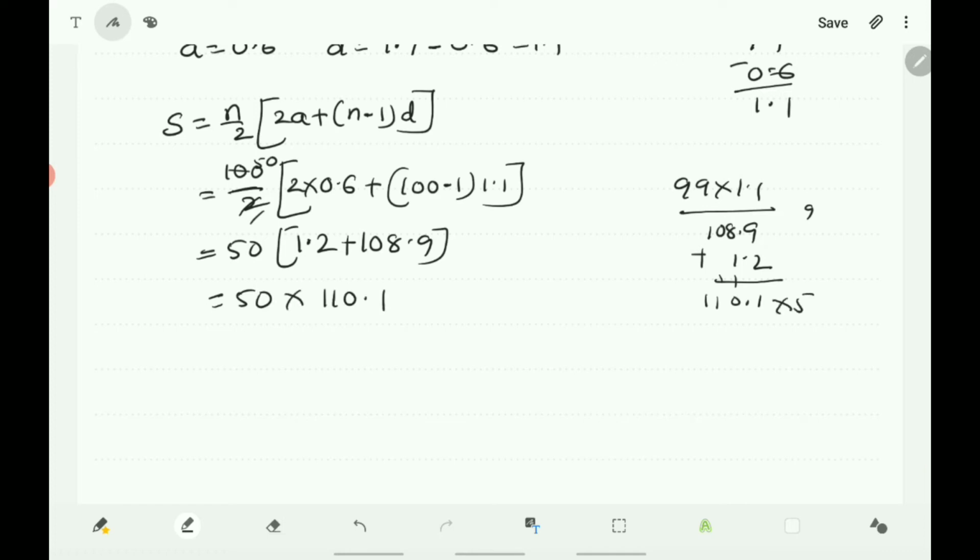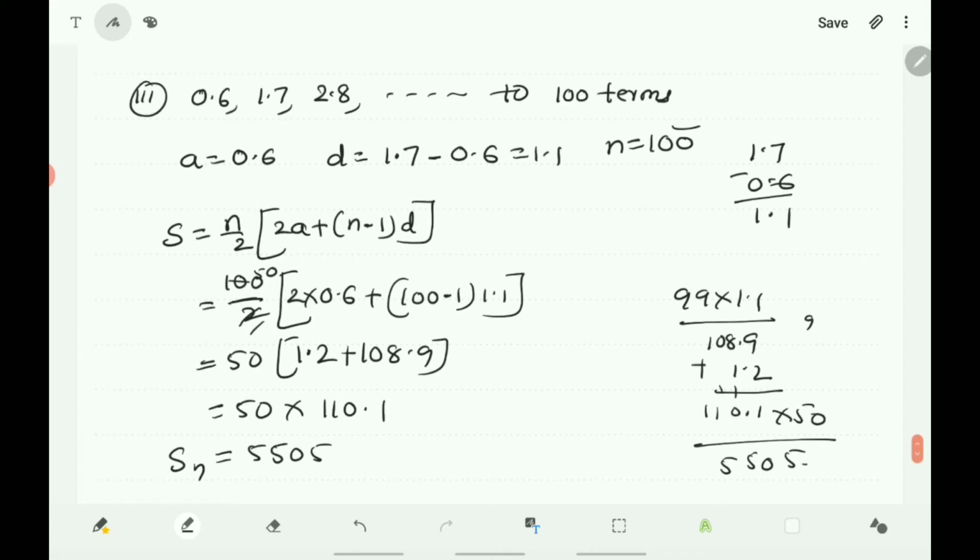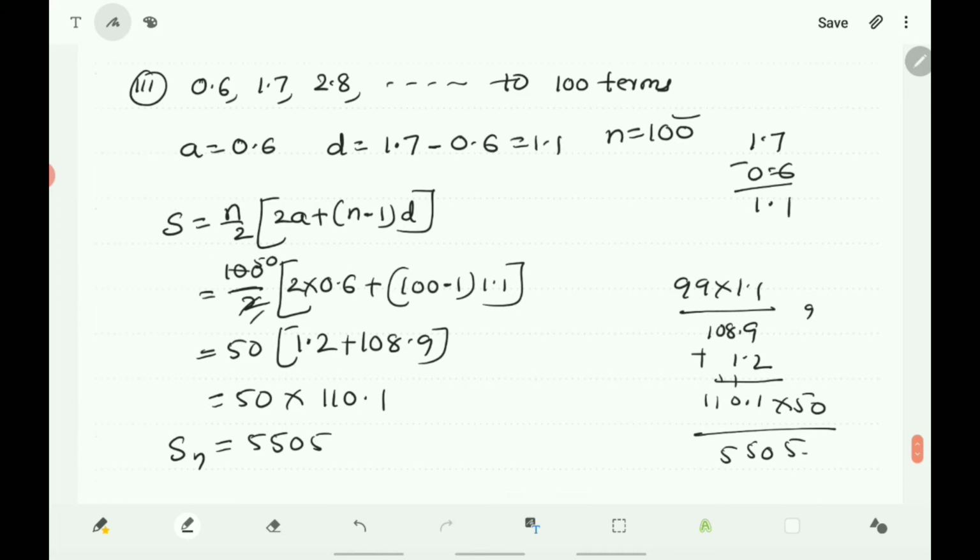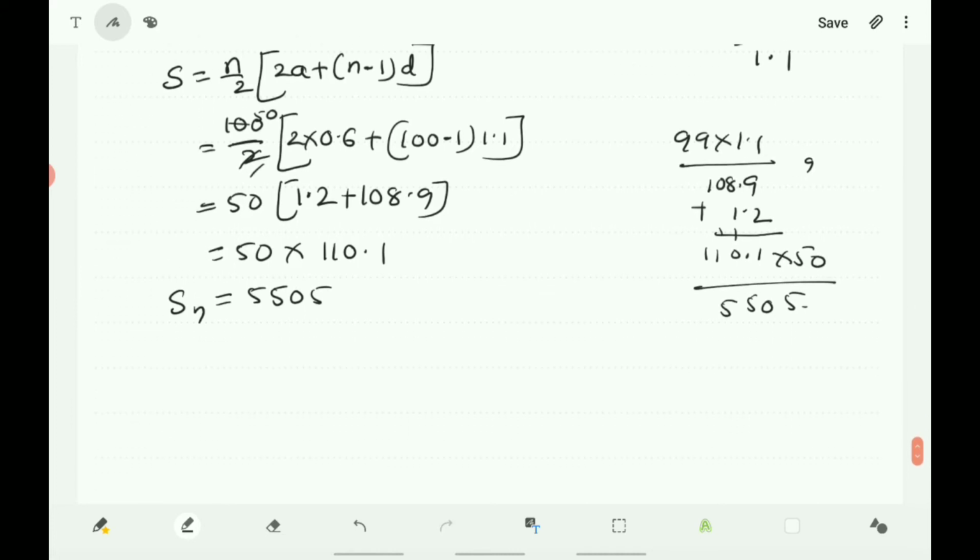So it is 5,505. So the sum of the first 100 terms of the AP 0.6, 1.7, 2.8 is 5,505.